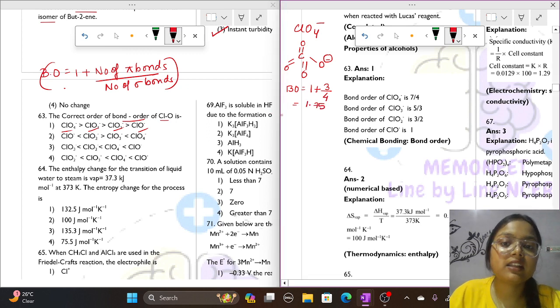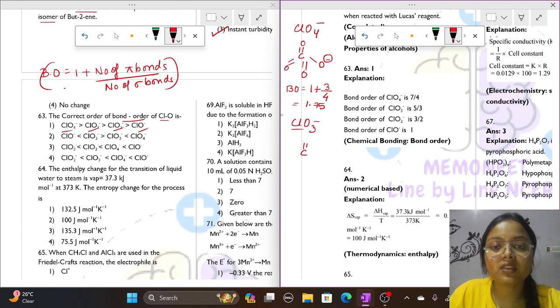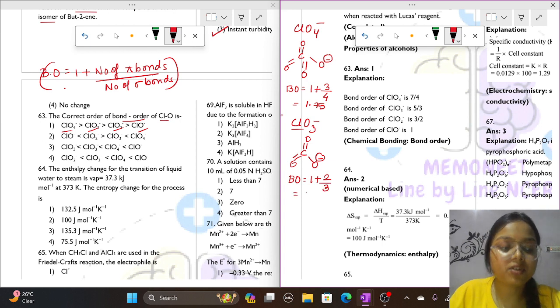The next is ClO3 minus. For ClO3 minus also we will draw like this. This one will be the structure, and its bond order will be 1 plus number of pi bonds, which is 2, divided by number of sigma bonds, which is 3. So its bond order comes out to be 1.66.